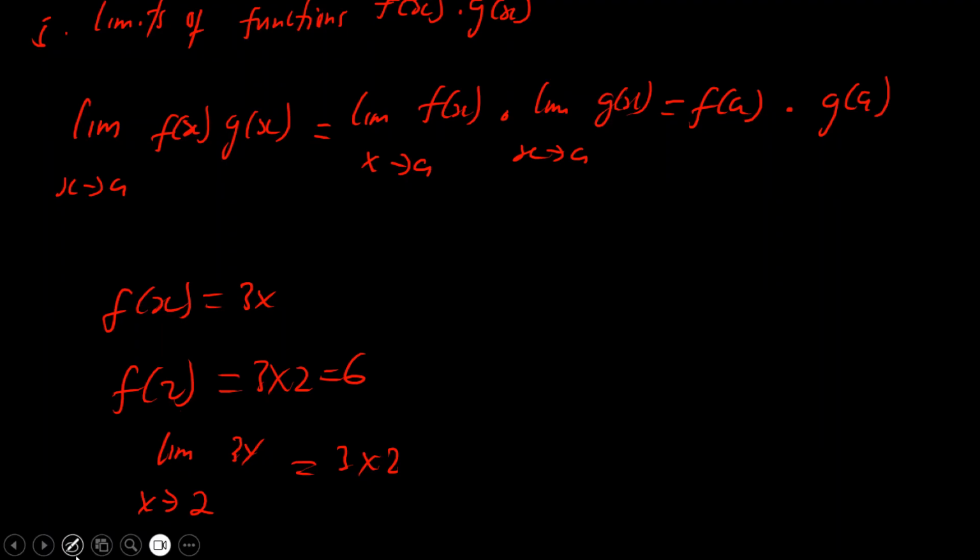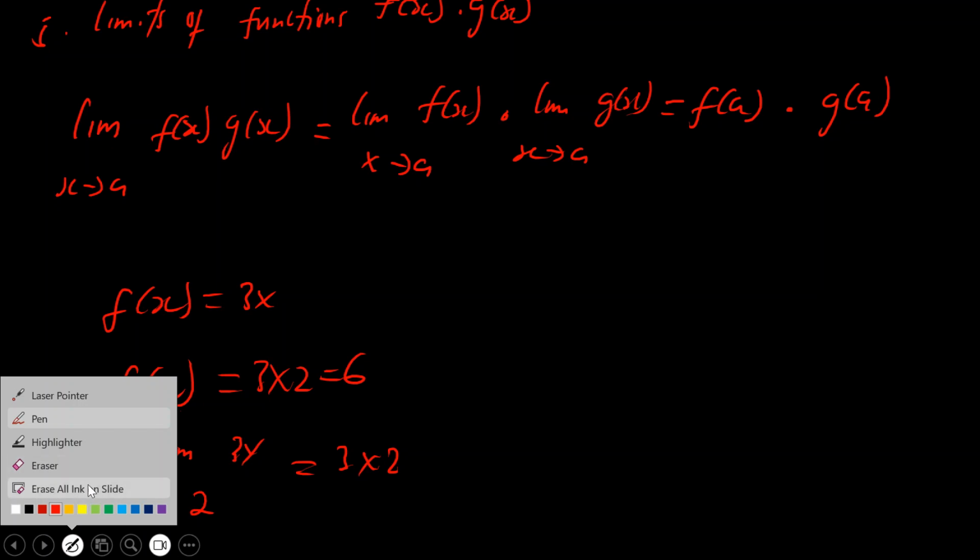So let's take a practical example on this. Now let's say we have x plus 3 times x squared minus 5, and we are to find the limit as x approaches 2. This is how we can write it.